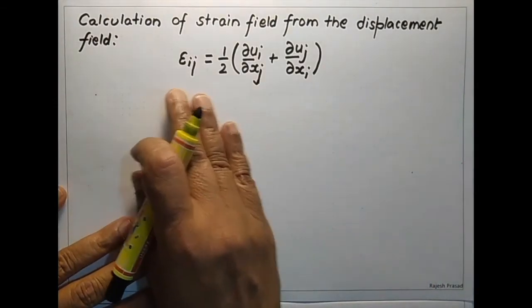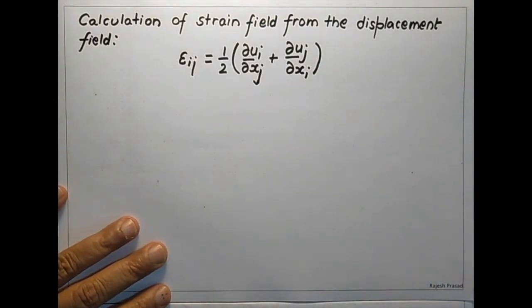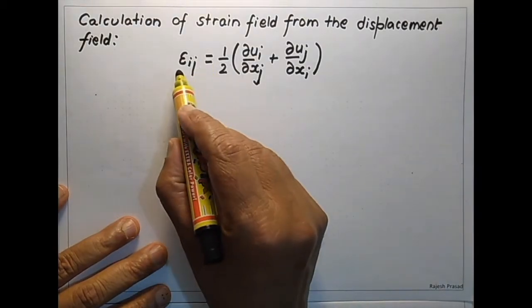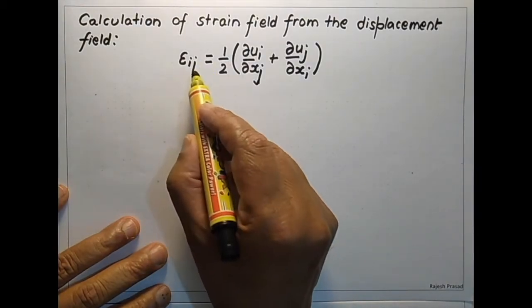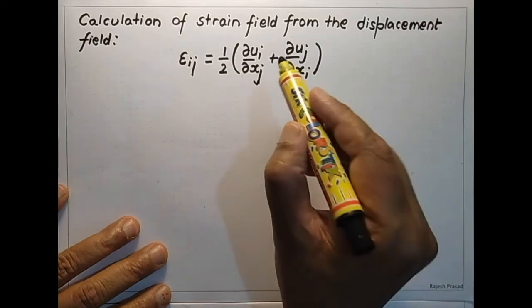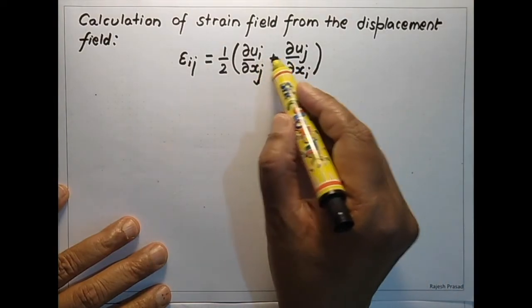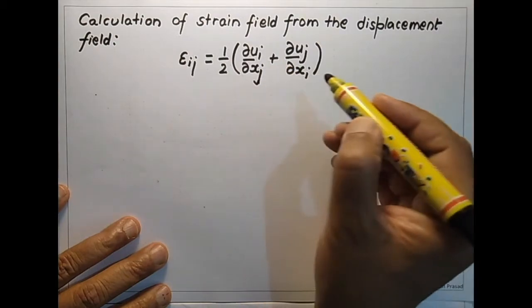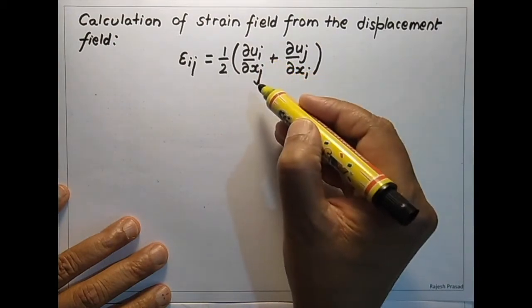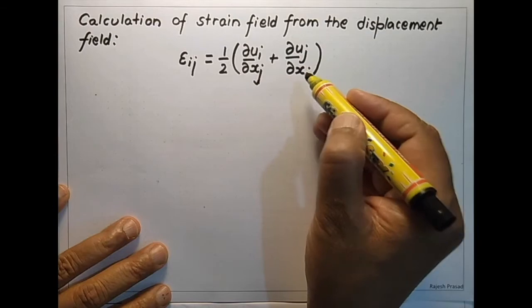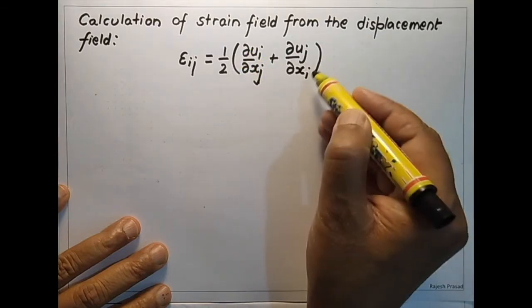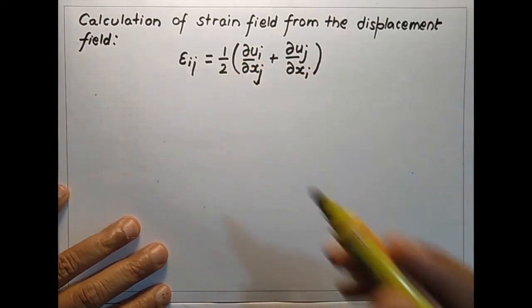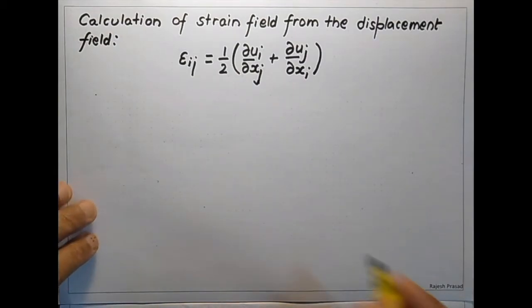This is the standard equation for the strain field, where the ij component of the strain is simply related to the displacement field u through these differential coefficients. So del ui by del xj plus del uj by del xi added together, and half of that gives me the strain component epsilon ij.